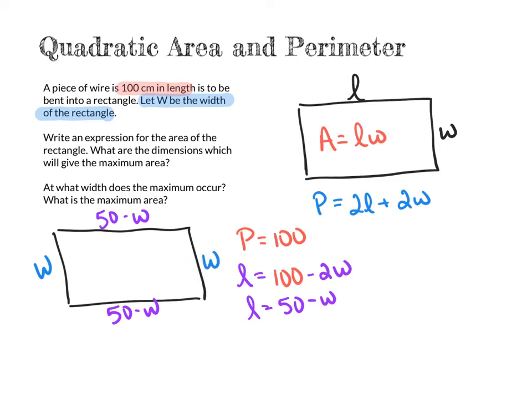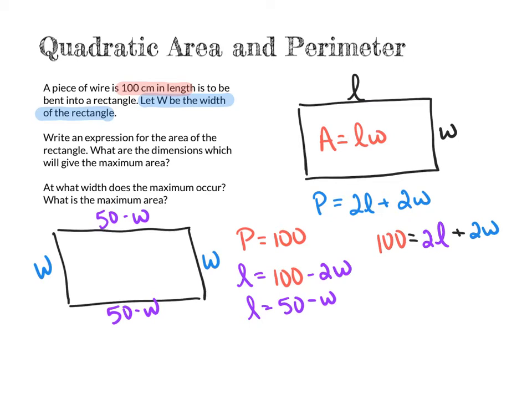Now, I can show you how I got this using this formula, 2L plus 2W, right? And here's what we know. We know this perimeter is 100, and that is equal to the 2L plus 2W.